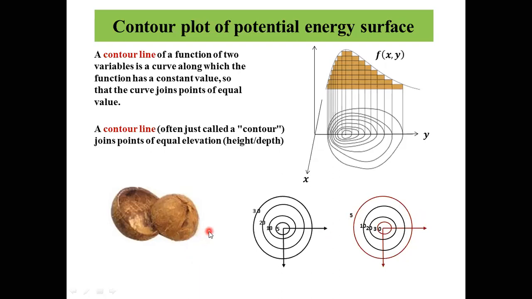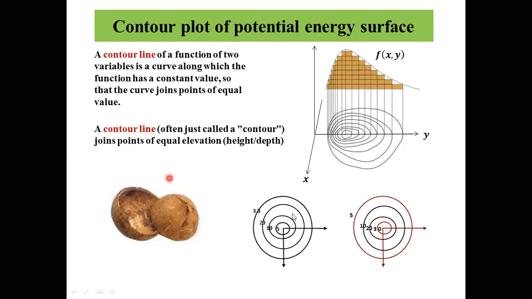Like this, again if I do slicing of this, I'm going to get the second circle, and of course the radius is smaller. Then doing it like this, ultimately I go to the highest height, let's say value 30, and this point is of course going to be the center, right? So that gives you the idea looking at this.